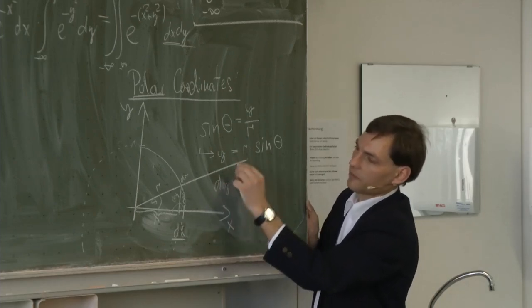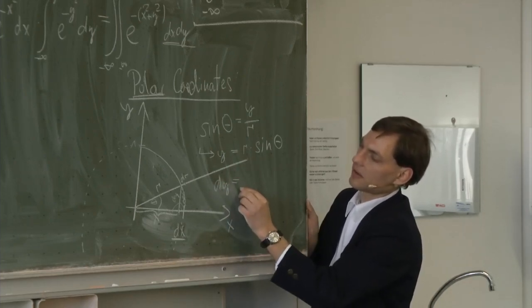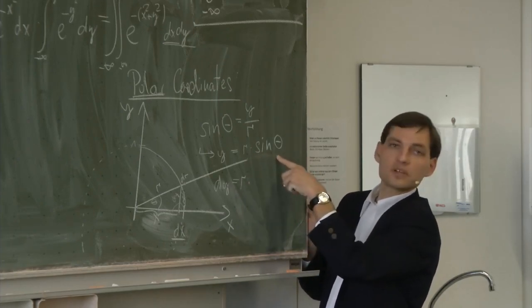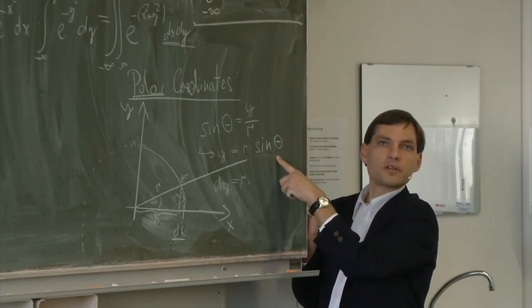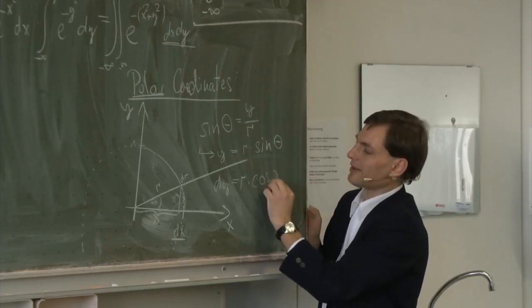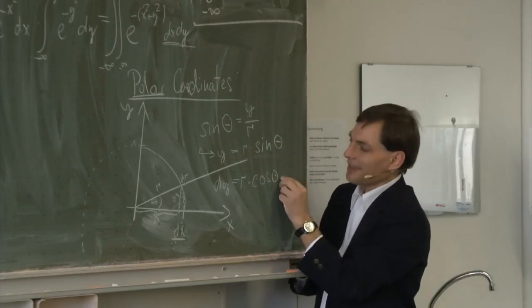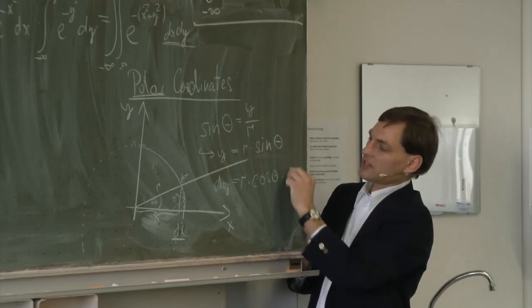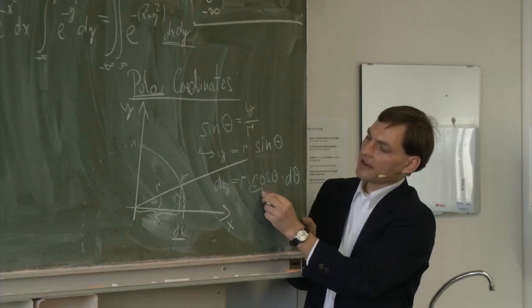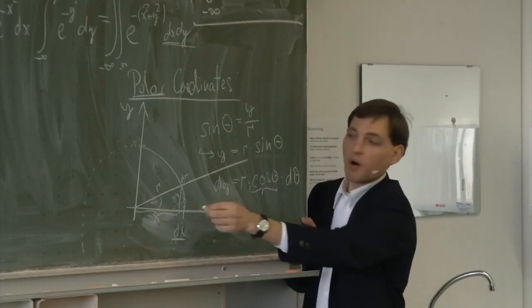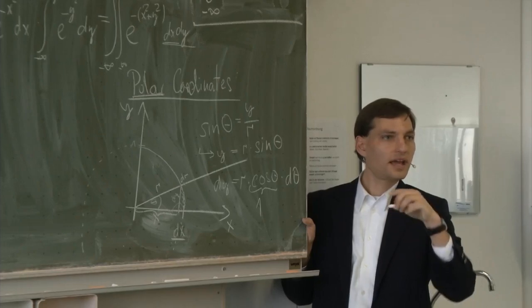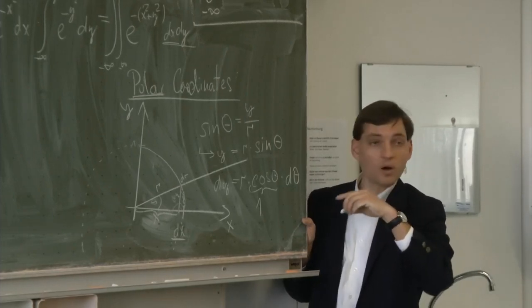From this equation, dy is r times the derivative of sine with respect to theta, which is the cosine. Well, that's basic, therefore I'm fast. And then we have here the change of theta. The cosine, if theta is very small, is 1. The cosine at 0 is 1.